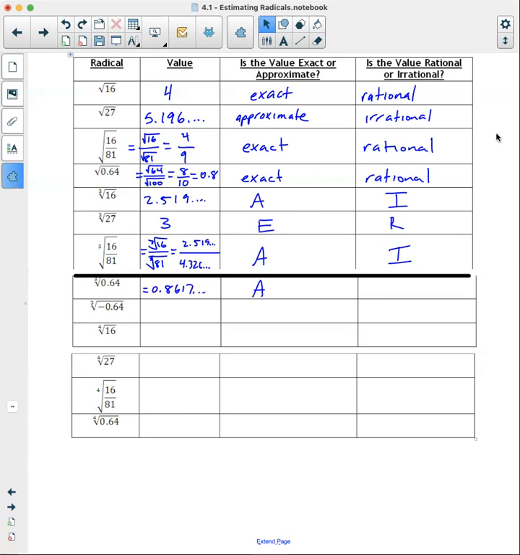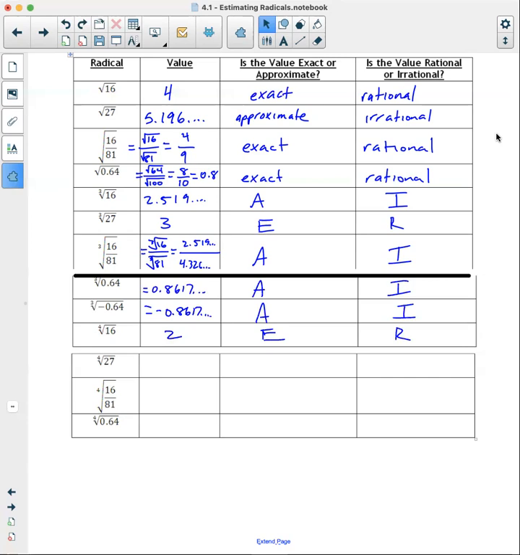So that's an approximate and irrational. Take the cube root of negative 0.64. We're going to get that same number, but just negative actually. We will talk more about cube rooting negative numbers later on. Okay, the cube root of 64 is 4. That is exact and rational.